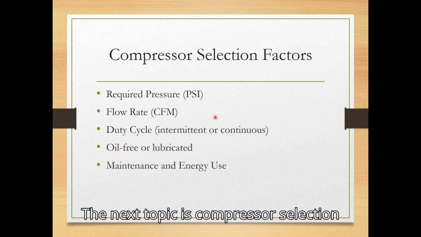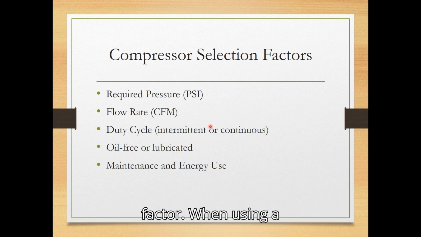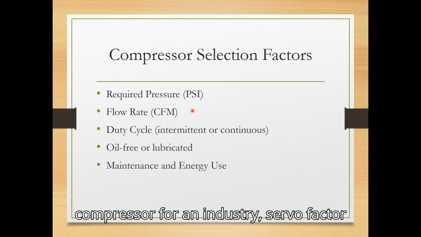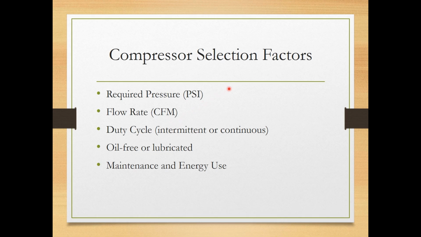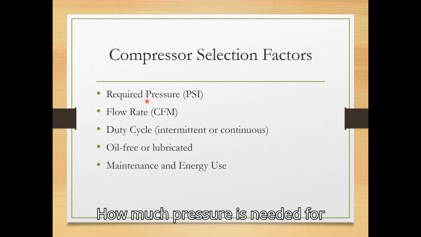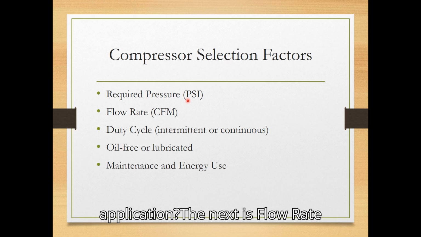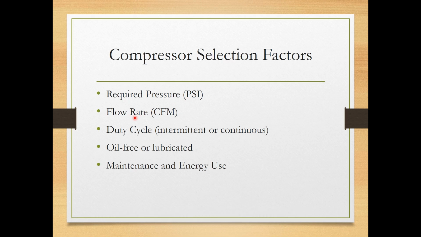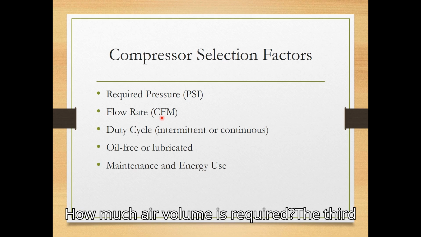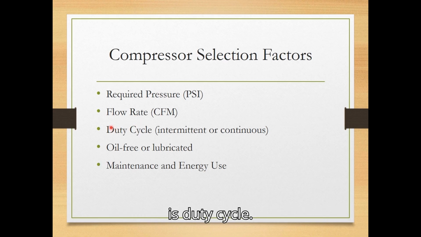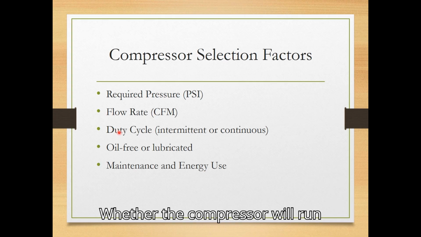The next topic is compressor selection factors. When choosing a compressor for an industry, several factors must be considered. Pressure requirement (PSI), how much pressure is needed for the application. The next is flow rate (CFM), how much air volume is required. The third is duty cycle, whether the compressor will run continuously or occasionally.